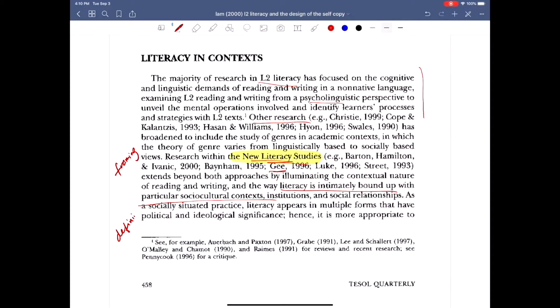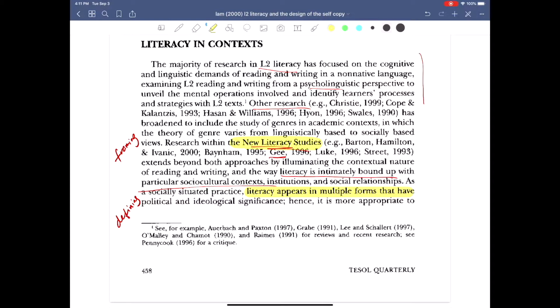So she's defining a particular way of looking at literacy and indicating to the reader that this is how she will be approaching it. Here's another example. This is part of her defining. She is defining literacy in multiple forms, because literacy used to be something that is considered reading and writing.